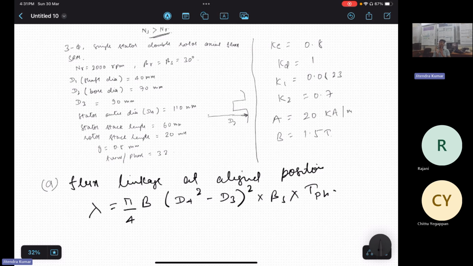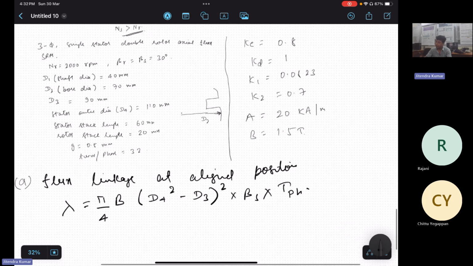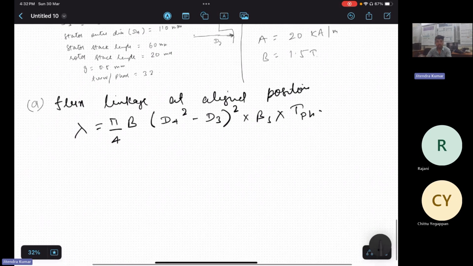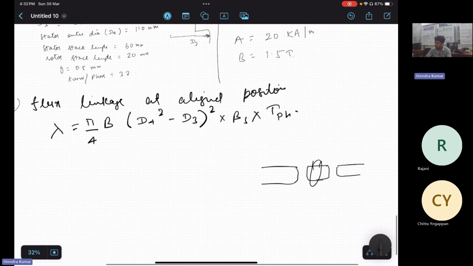Since it is a single stator double rotor, here rotor, here stator is wound, here again rotor. At aligned position, both teeth should be aligned here.